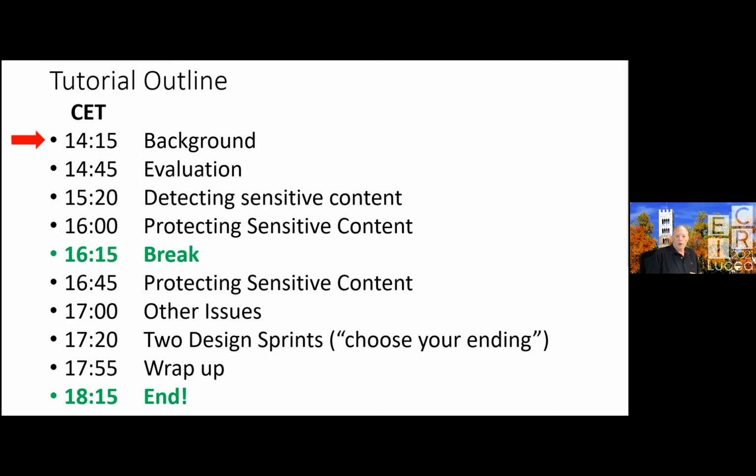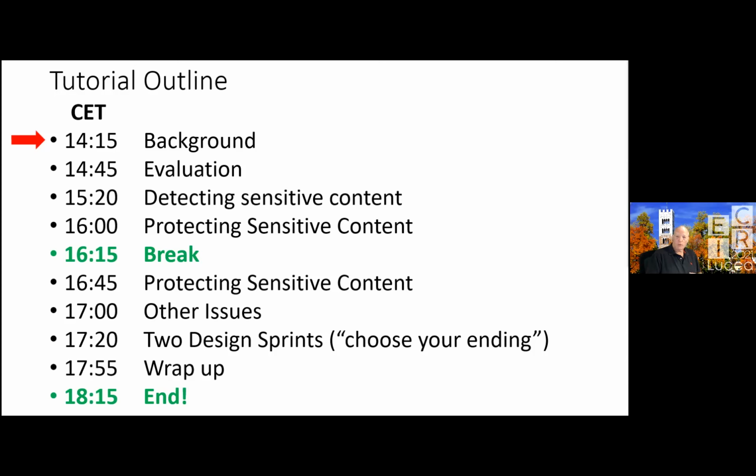Here's the outline of the day. The times are all in European time. We'll be talking first about some background, and then about evaluation. It's a little odd to talk about evaluation before we talk about what we're evaluating, which is why the background section is there.